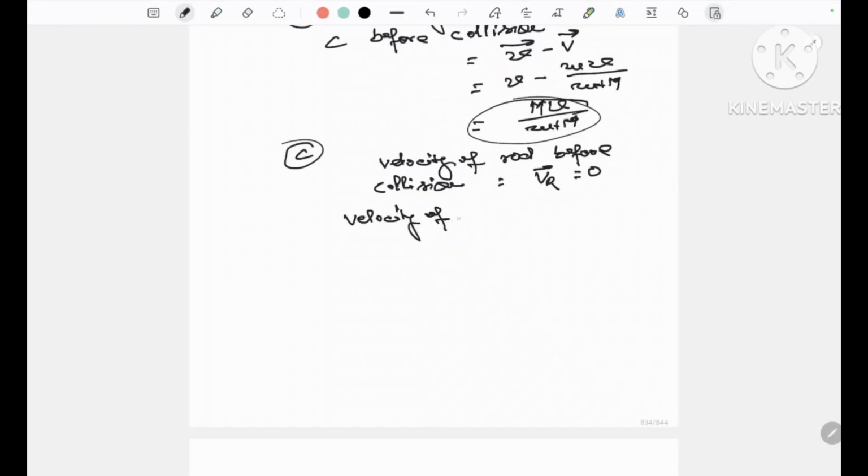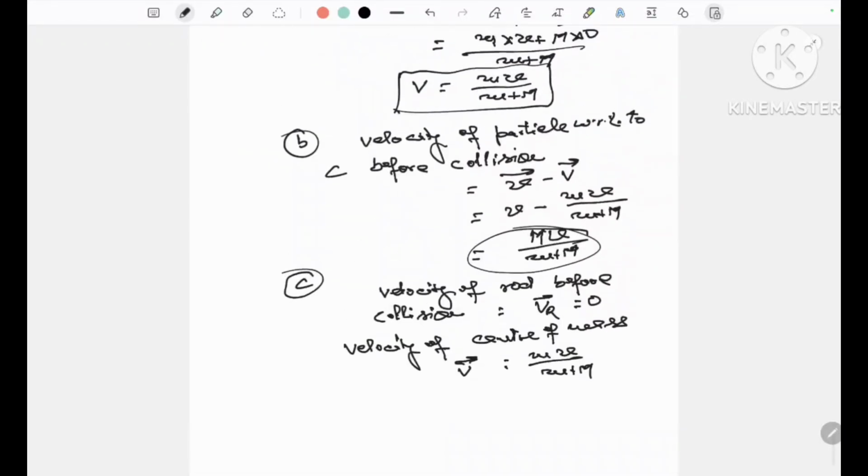Velocity of center of mass V is equal to mv by m plus m.